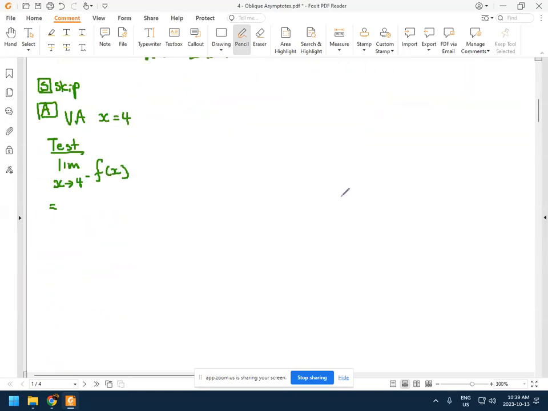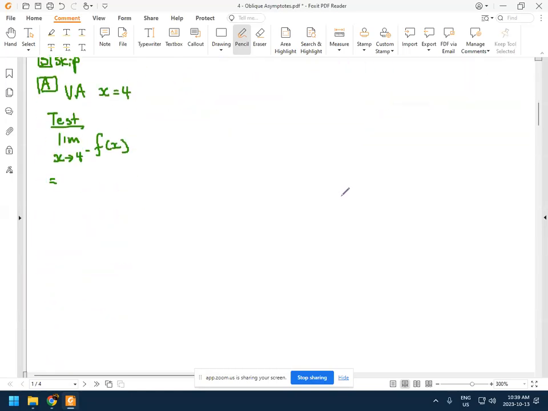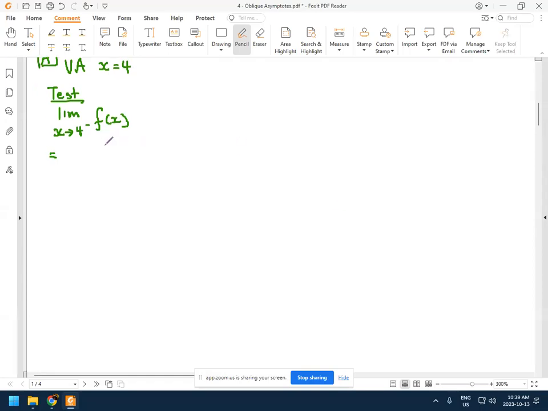Where's my equation again? So this number is going to be slightly less than 4, or just a positive number under 4. So it's going to be a positive 3 over a negative small, which is going to be negative infinity.